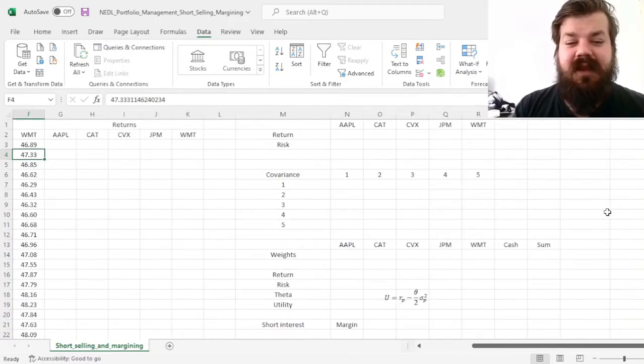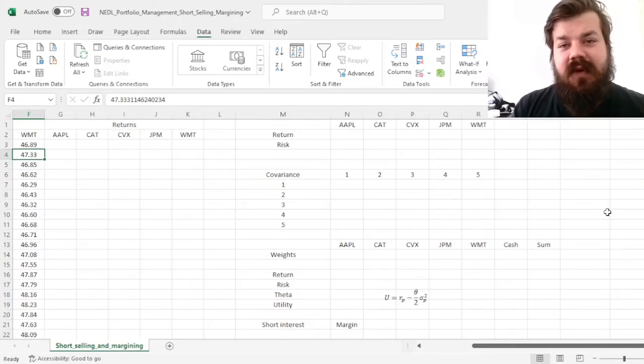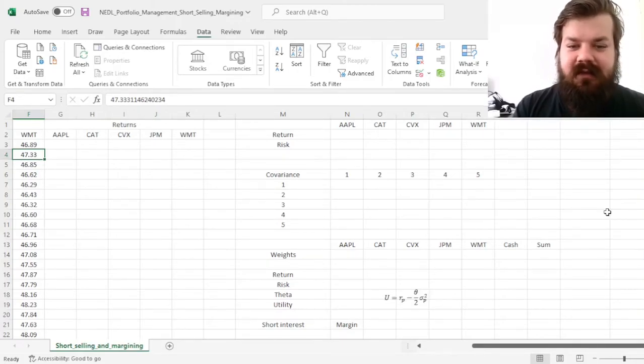My name is Sava, and today we're investigating a quite niche yet very practically relevant concept in portfolio management, that is, how to adequately and realistically incorporate the possibility of short selling into portfolio optimization and the allocation optimization using Excel Solver.